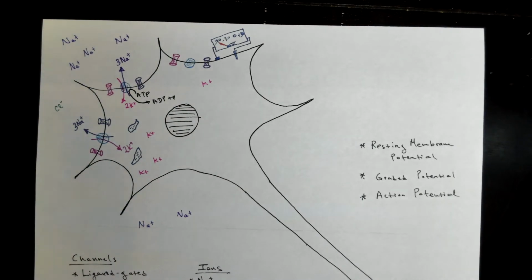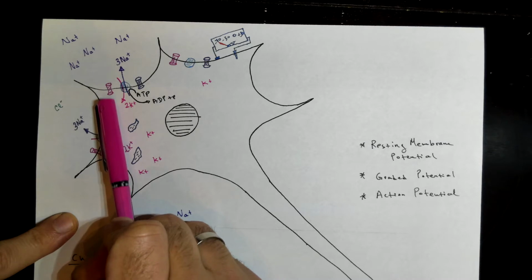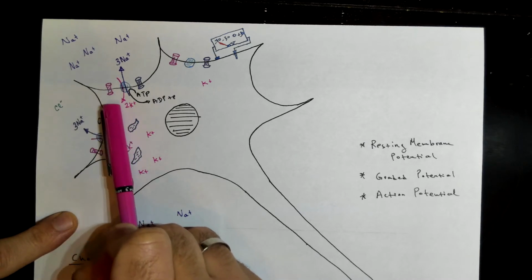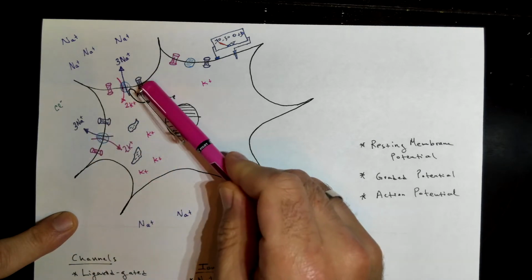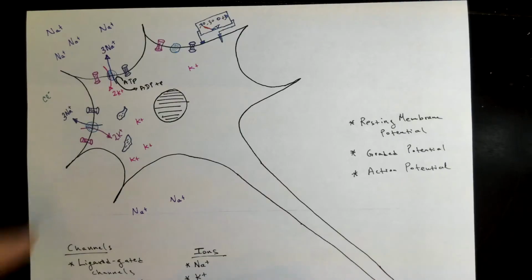Let's look at some of the other channels that we have here, some of the other proteins within the membrane that are also at work here. This pink looking protein right here is known as a potassium leak channel, whereas this purple one on this side is known as a sodium leak channel.